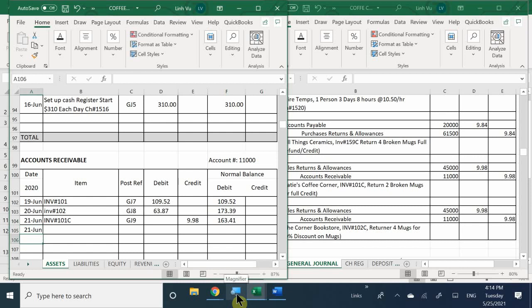So it's the 21st, right? Invoice 102C, GJ9, credit of 998, which will give you a running balance of 153.43. 153.43. Good. Once everyone's caught up, we'll go to revenues to sales returns and allowances.